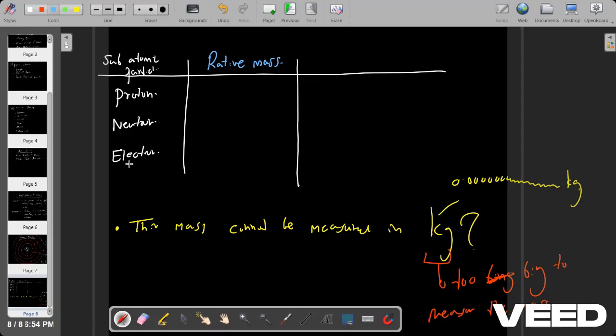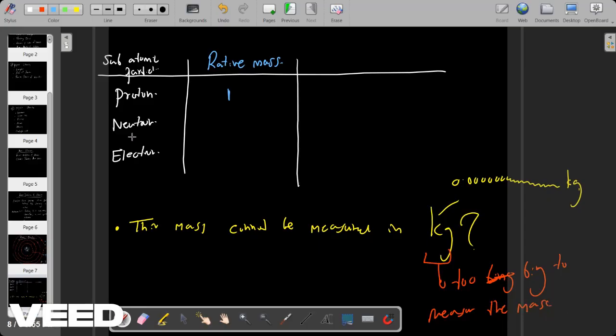For example, protons. What they did was they said, okay, the mass of a proton is one. Then they found the mass of a neutron is also the same as a proton. Then what should be the mass of this neutron? What is the mass of one neutron in relative masses? Find, write and send me, right?